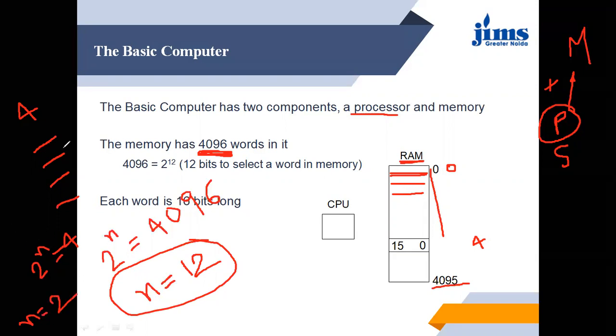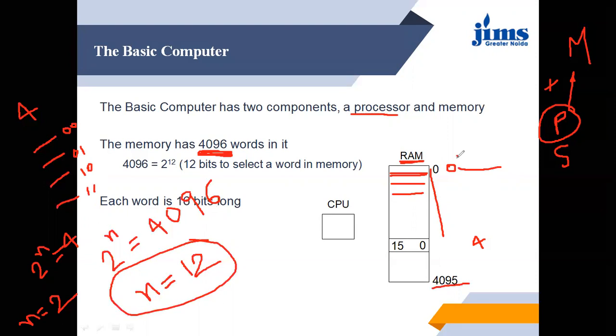So this is 00, 01, 10, 11. These are the different ways by using 2 bits we can express these 4 lines.